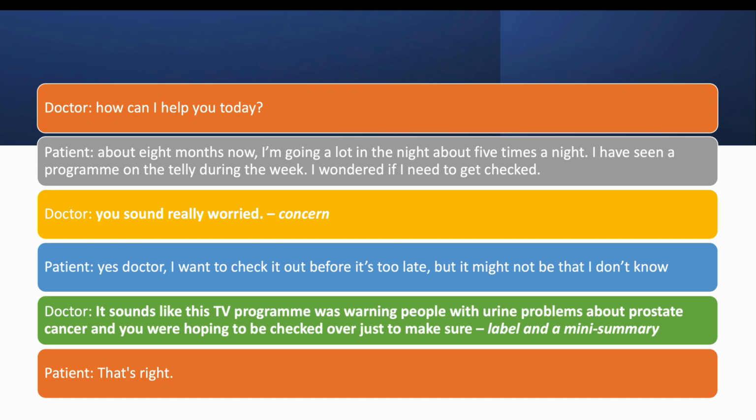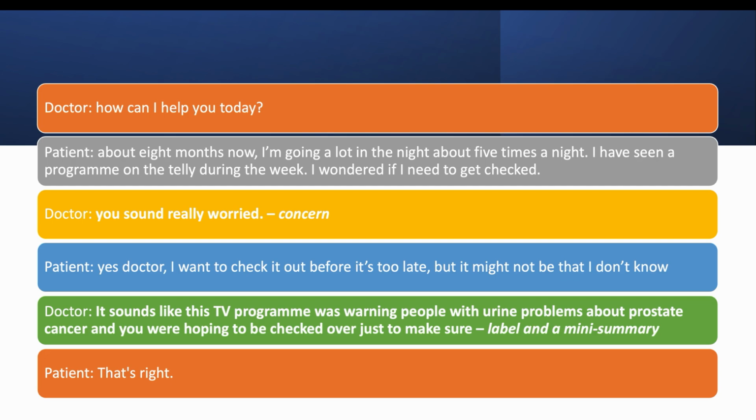This is the beauty of using good communication tools to elicit concern, ideas, and expectations from a patient. You can see the mixture of a label and a mini summary in this scenario because the patient has already offered his expectation.